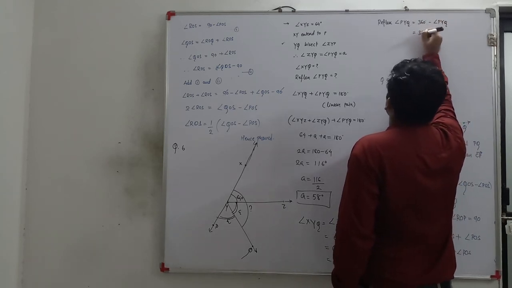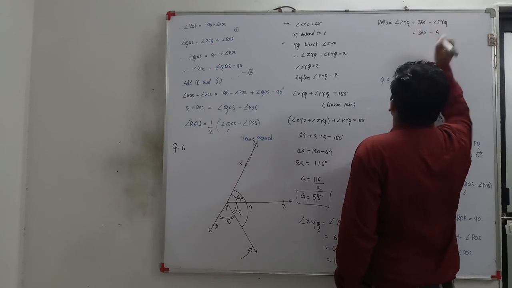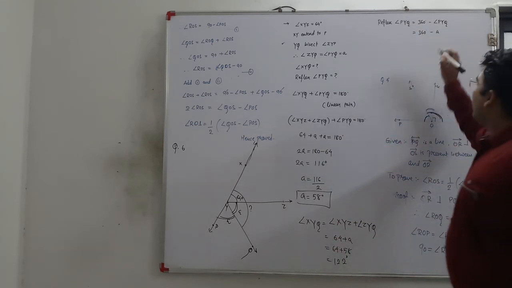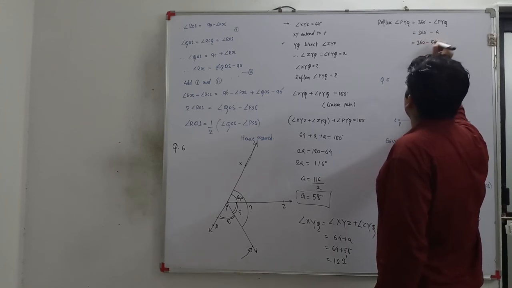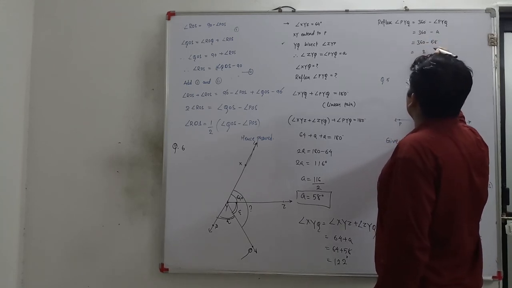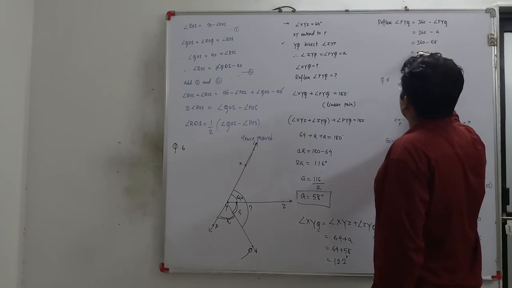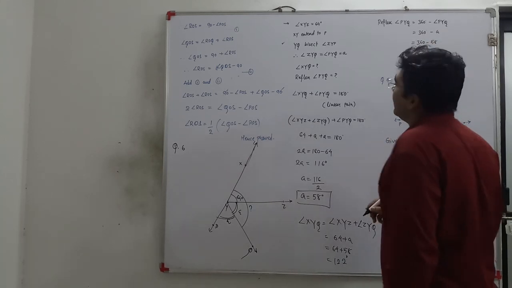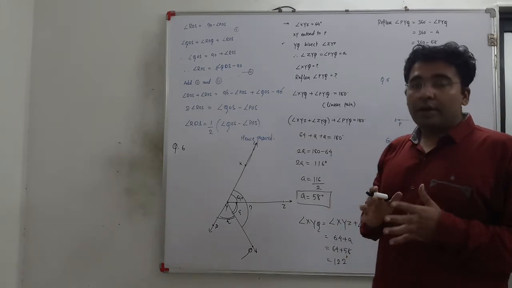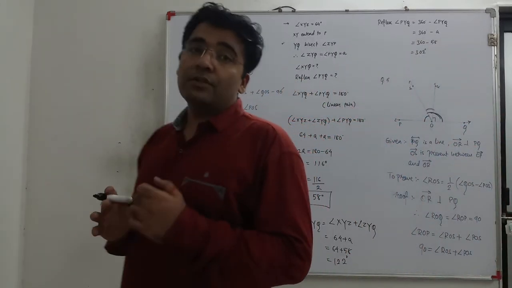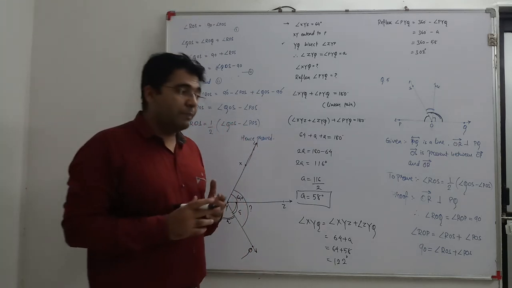So it is 360 minus A. What is the value of A? 58. So 360 minus 58 is 302.